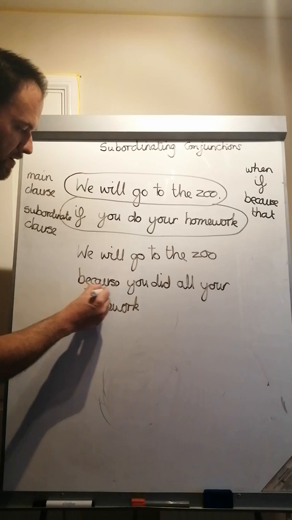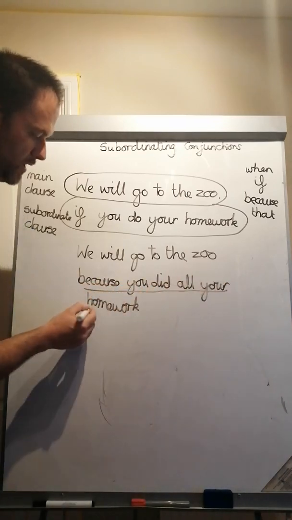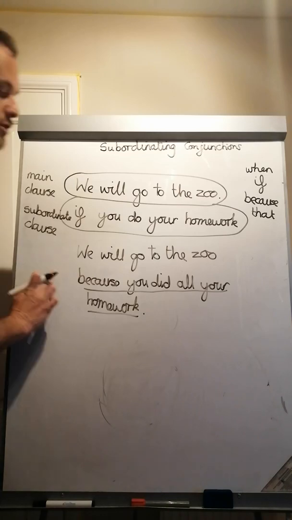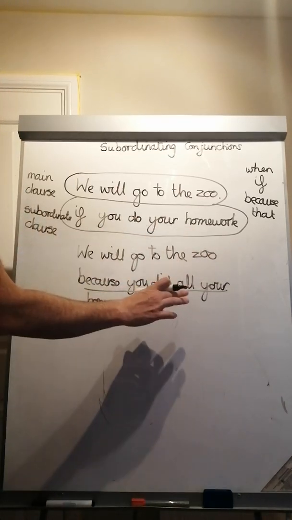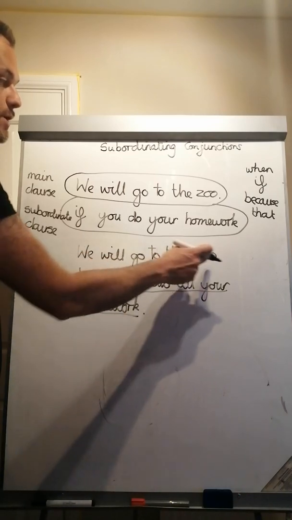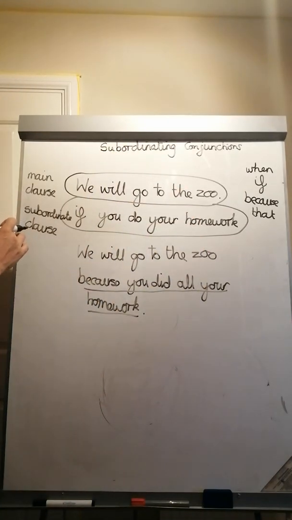So this bit here, because you did all your homework, that doesn't make sense by itself. So that's got to be our subordinate clause, our lesser part of the sentence. We will go to the zoo. That's still our main clause.